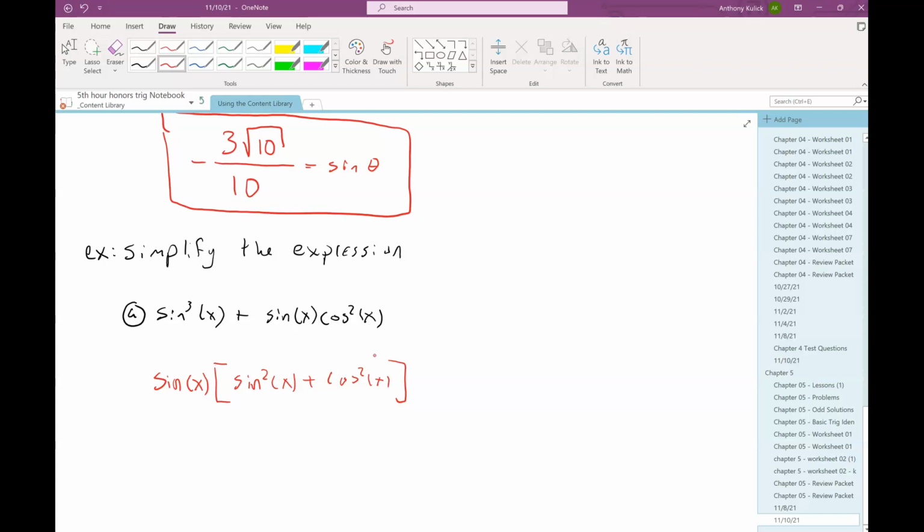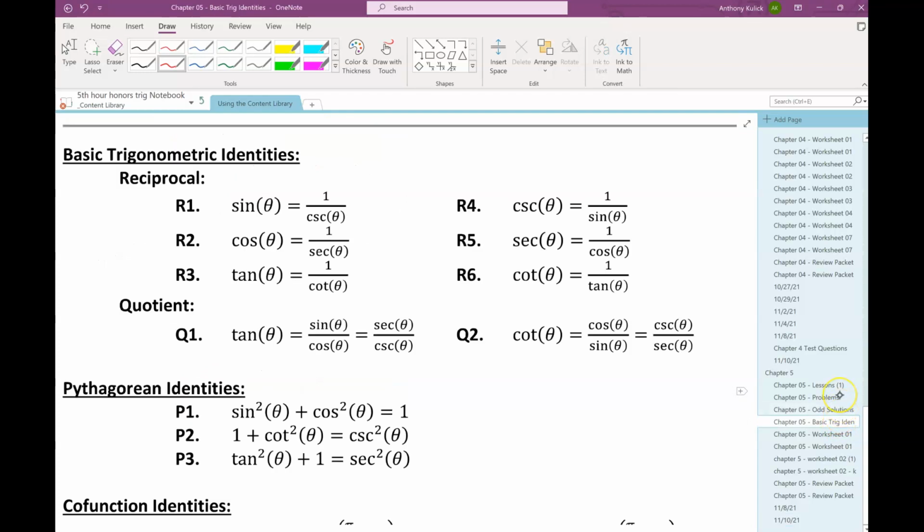So I'm going to go and look for an identity. Take a look at our identity sheet and see if anything sticks out. There is one that should be screaming at you. Yeah, it's the first Pythagorean identity. It says sine squared plus cosine squared equals 1.